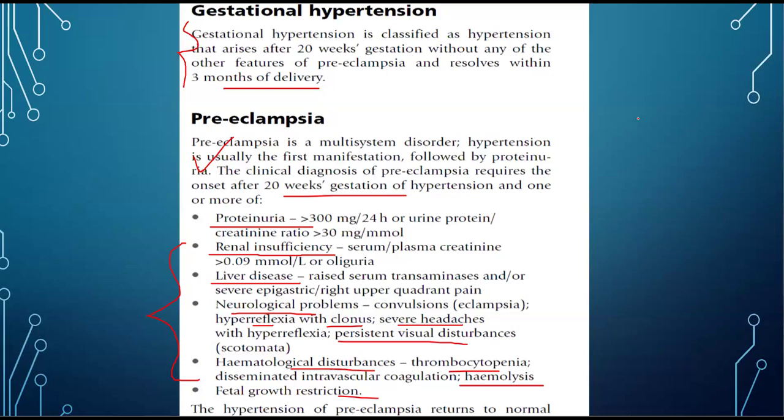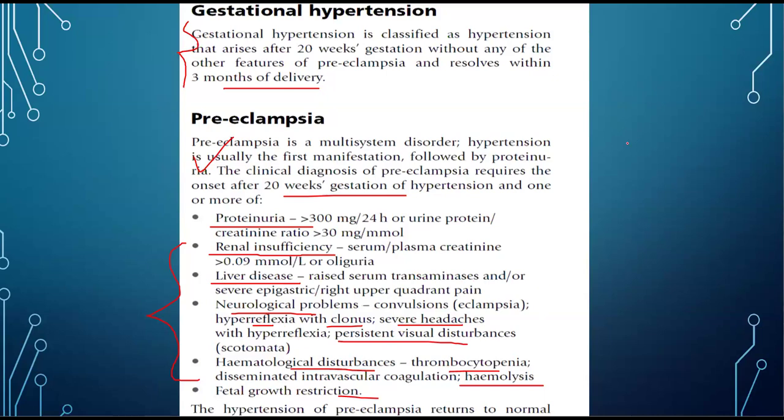Features of impending eclampsia are persistent headache, blurring of vision, epigastric pain or right upper quadrant pain. And also the tests can be positive, like they can have high ALT, AST, they can get hyperreflexia, they can also get thrombocytopenia. So all will be positive in an impending eclampsia patient.